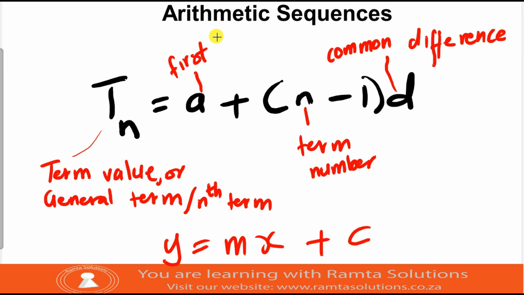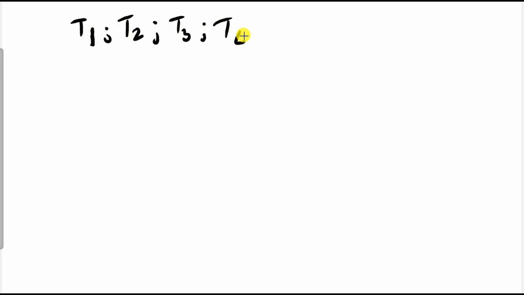Okay, now let's talk about the common difference. Maybe before that, let's consider a pattern or a sequence T1, T2, T3, T4, and so forth. When we look for a common difference, it is basically the difference between two terms.